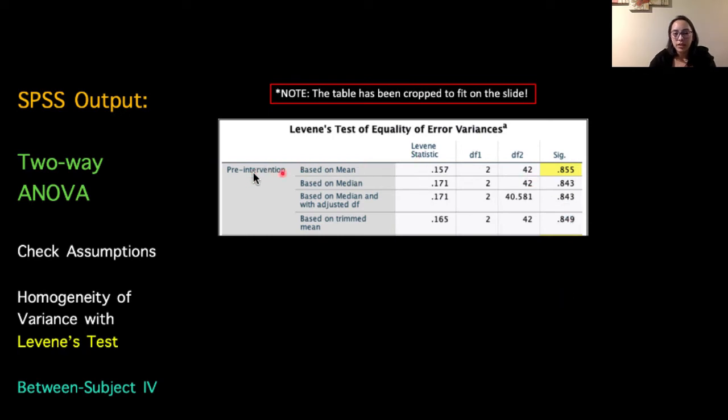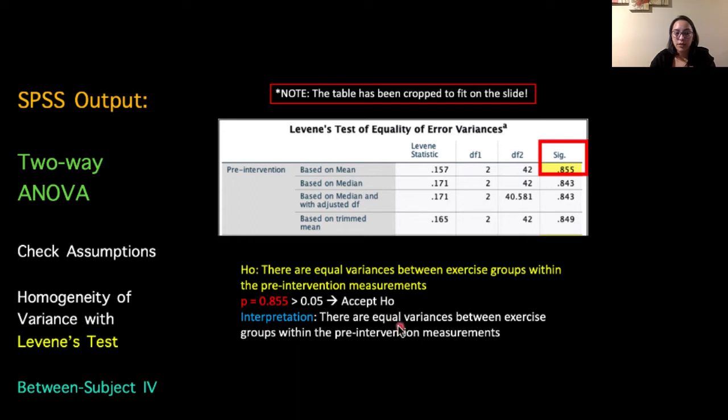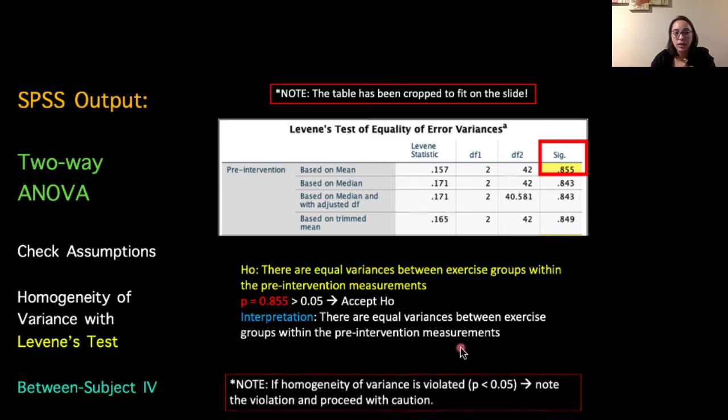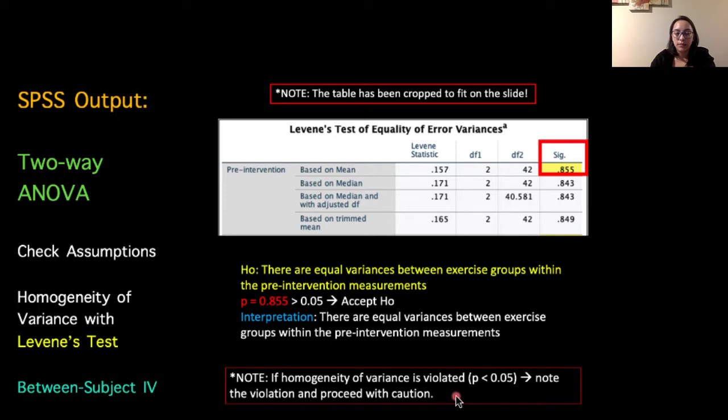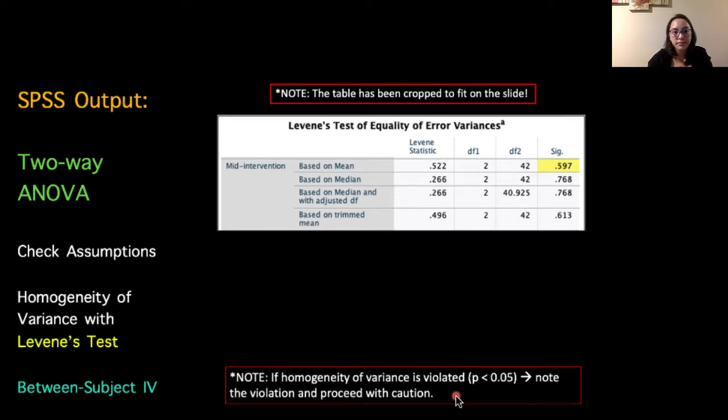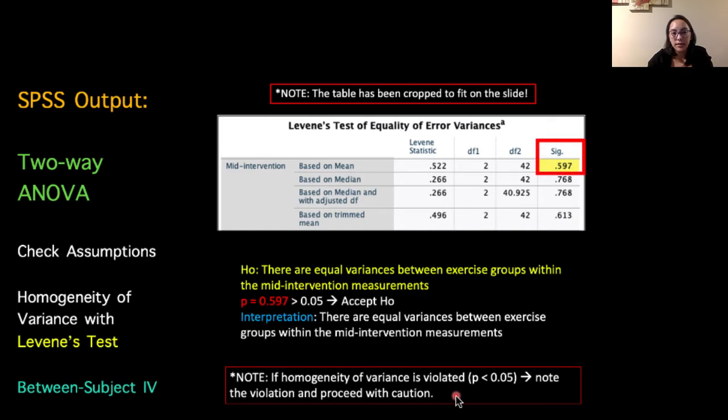So for the pre-intervention group, we have a p-value of 0.855, which is greater than 0.05. So the interpretation for this one is that we have equal variances between exercise groups within the pre-intervention measurements. If we had violated homogeneity of variance, I would ask you to say we have violated the assumption, but keep going with the analysis. Our mid-intervention group had a p-value of 0.597, also greater than 0.05.